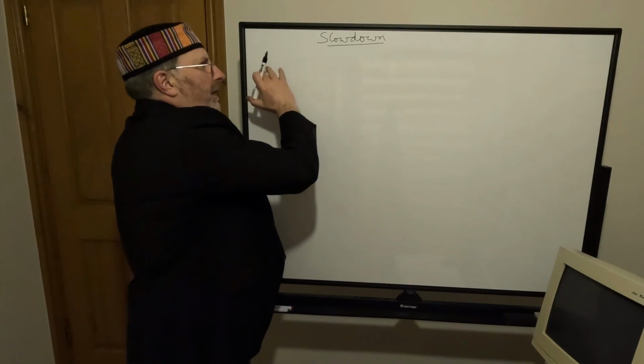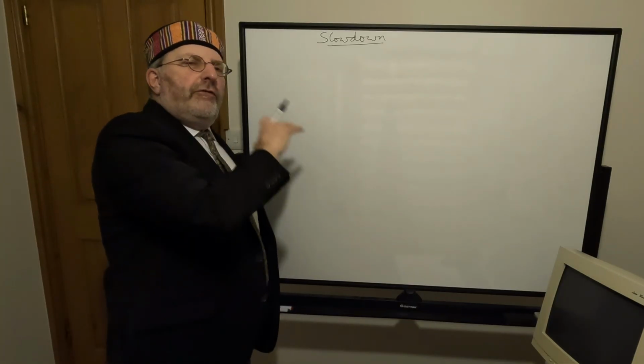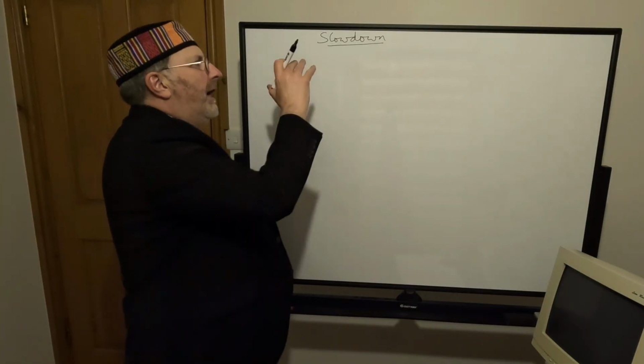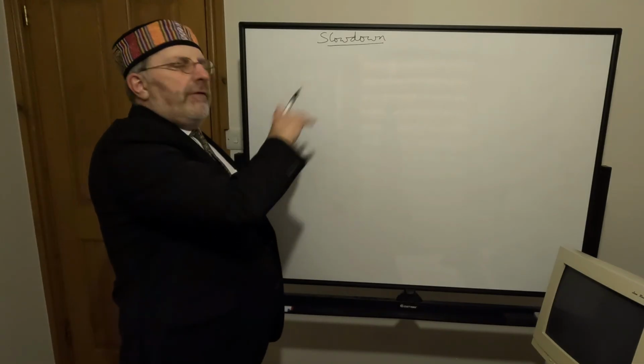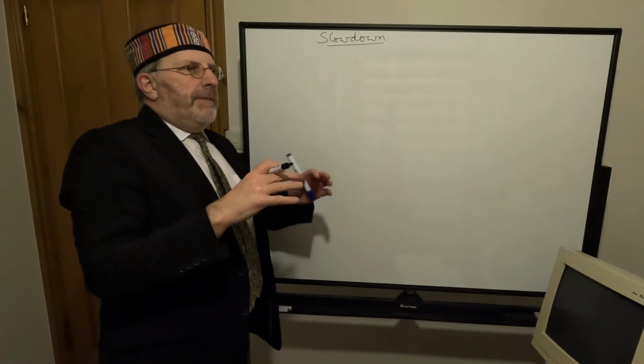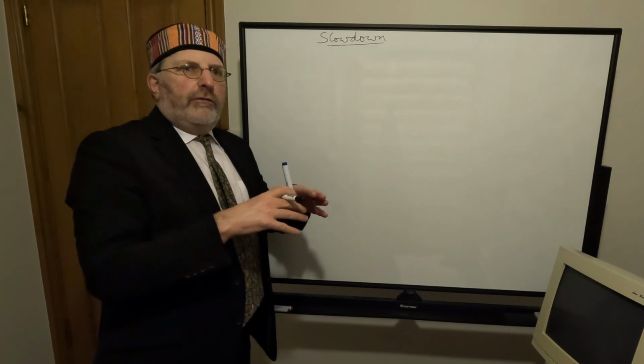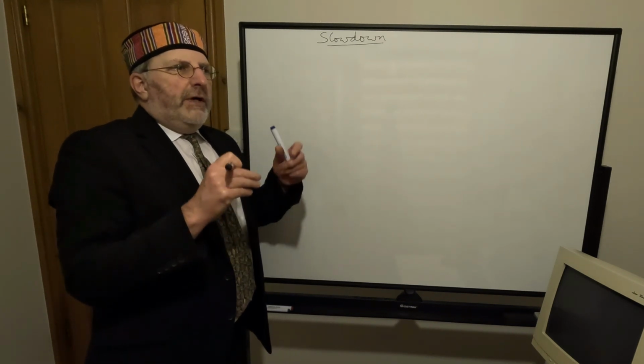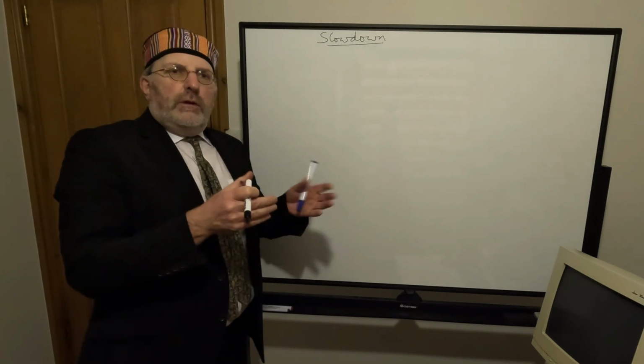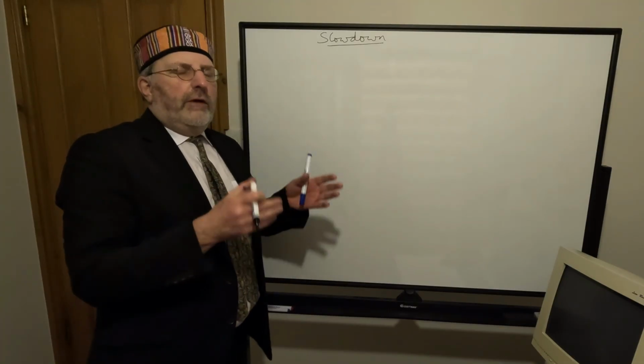So with the fact that we've got a slowdown now, well, we've seen a slowdown in the past, and all these explanations for slowdown seem to be trying to explain something about the present, something special about today that's causing a slowdown.